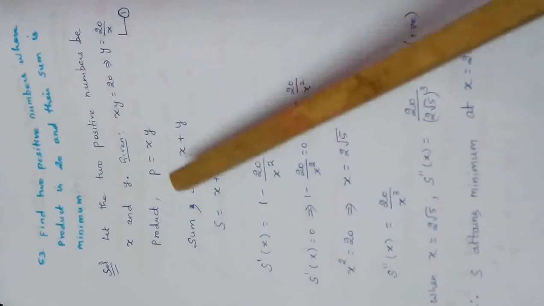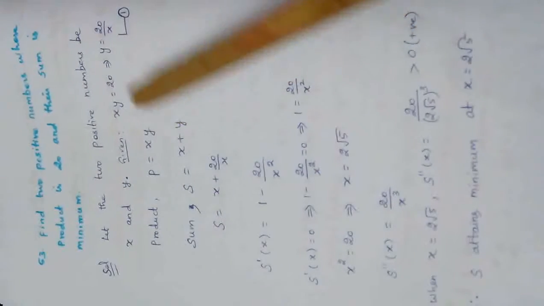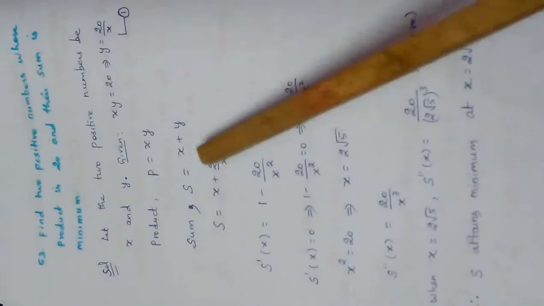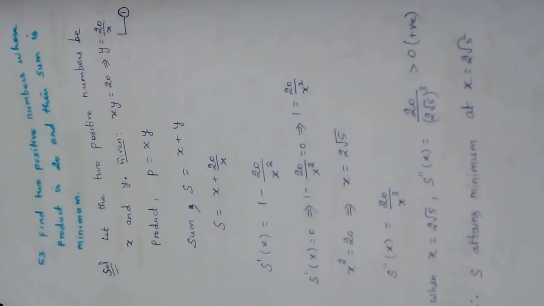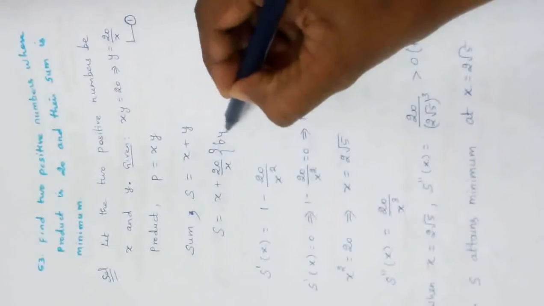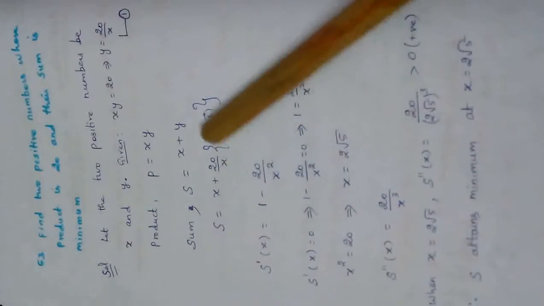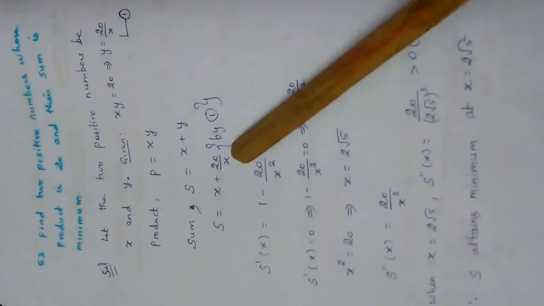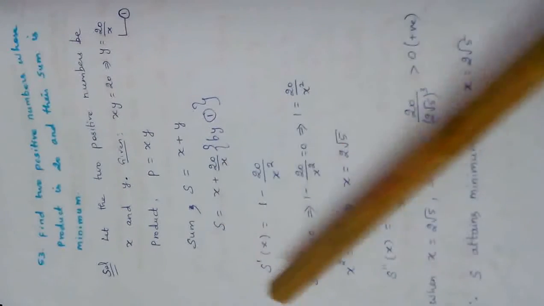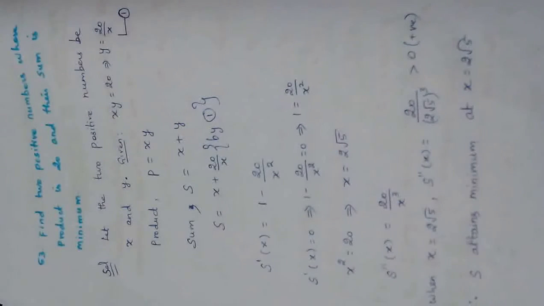So what we have to do? Differentiate. Before differentiating, we are substituting y is equal to 20 by x here. Would you able to understand that? How 20 by x comes? By equation number 1. So from equation 1, replacing y as 20 by x. Now differentiating, s becomes s dash. Differentiation of x is 1 and differentiation of 1 by x.